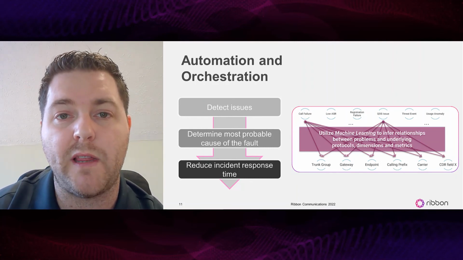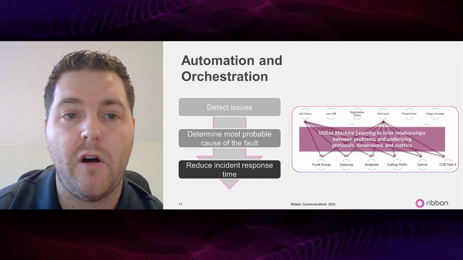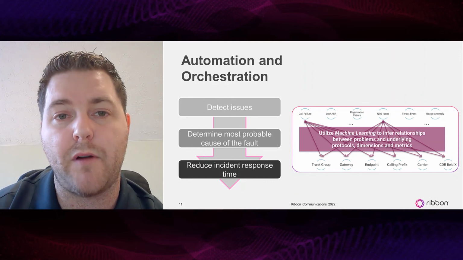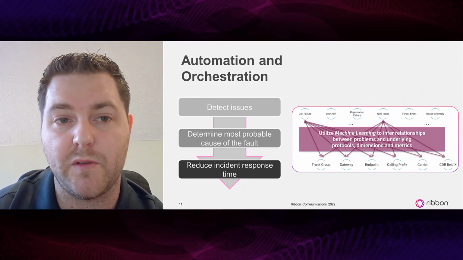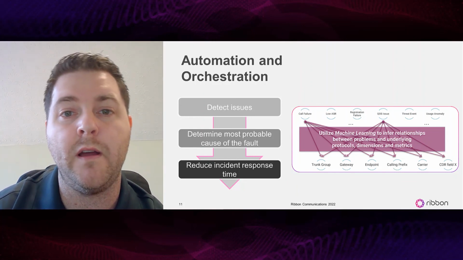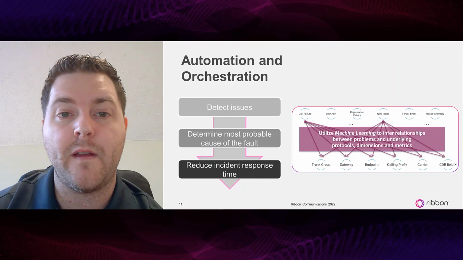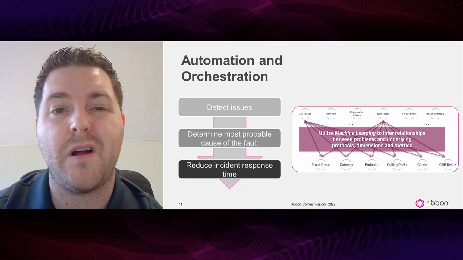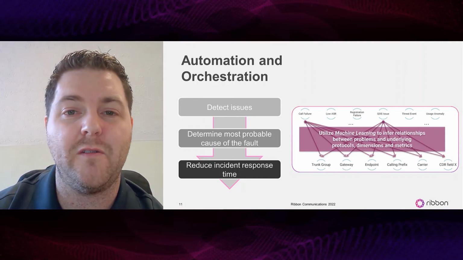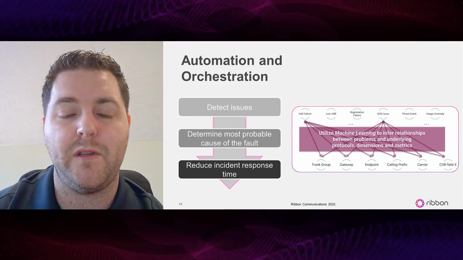This can all be done without any human intervention. All this can be configured to meet the proper level of incident response needed within the network. Additionally, the ability to detect issues within the network and alert the administrator to the most probable cause of the fault reduces incident response times within your network.